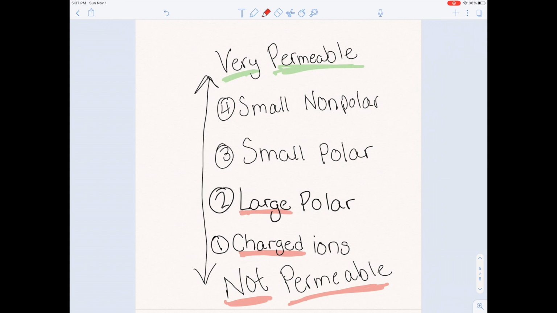And it doesn't help that they're polar. While being polar is not as bad as being charged, you still have dipoles, and those dipoles are areas of slight charge, which can still be repelled by the dipoles on the membrane. If we get smaller, we have more luck. But small molecules that are polar are still less likely to be able to go through the membrane compared to small molecules that are nonpolar.